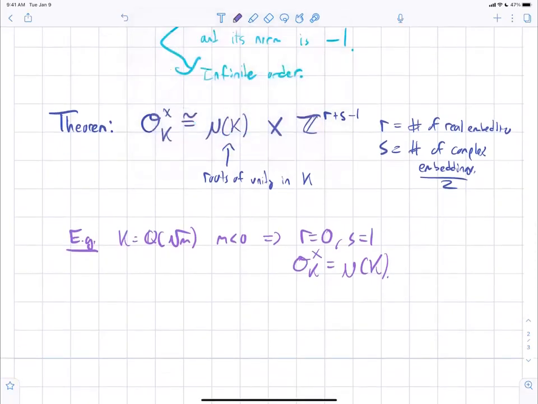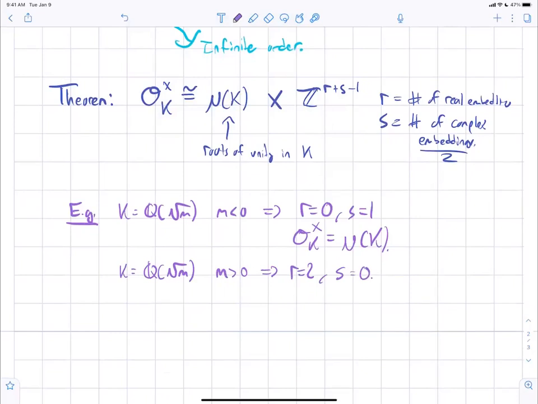If K is equal to Q(√m) with m greater than 0, then r is equal to 2 and s is equal to 0. So there are two real embeddings, depending on whether you take the positive or negative square root of m.